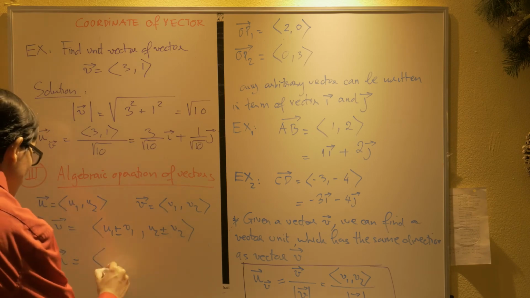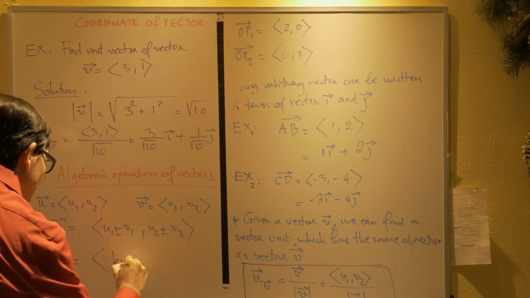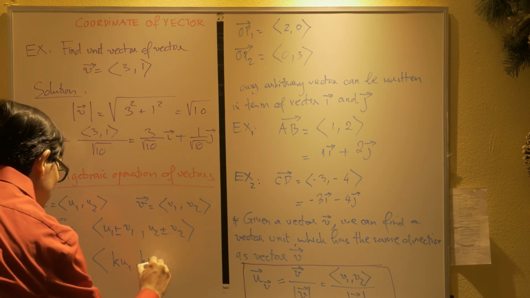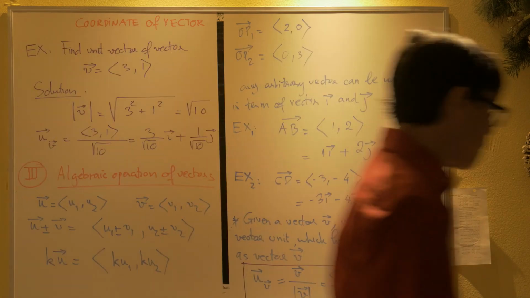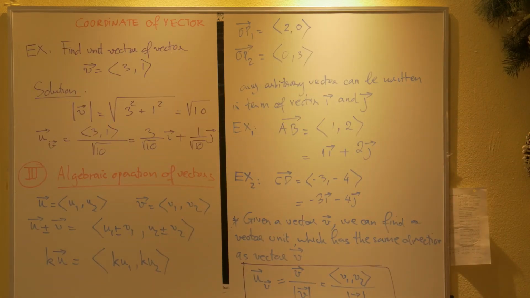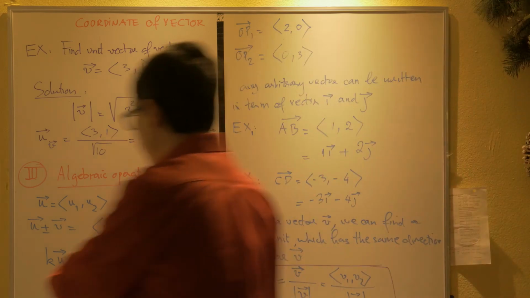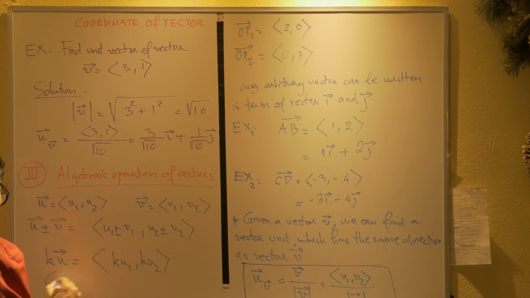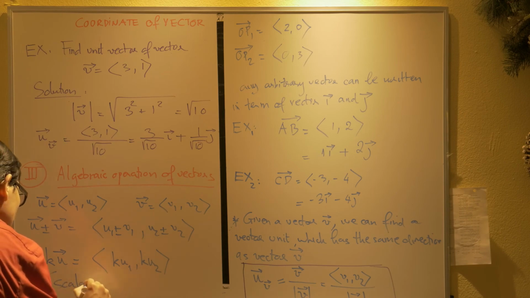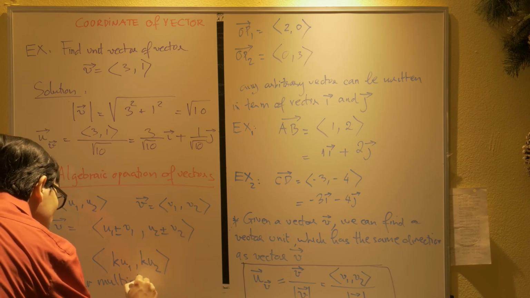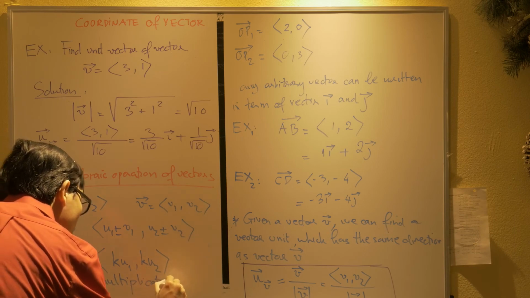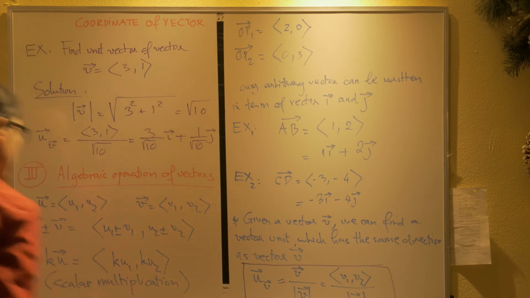So it gives you k u1, comma, k u2. Sometimes we call it scalar multiplication.